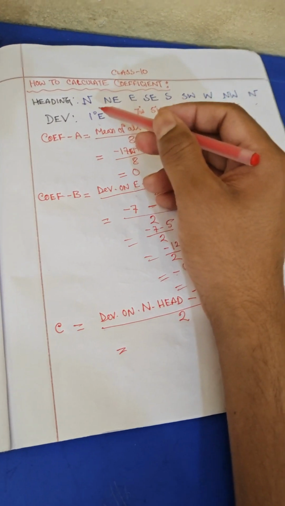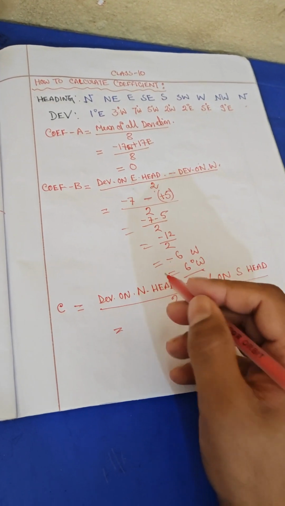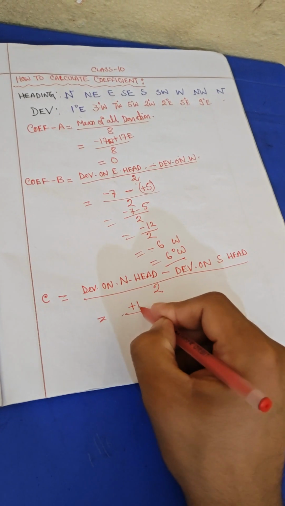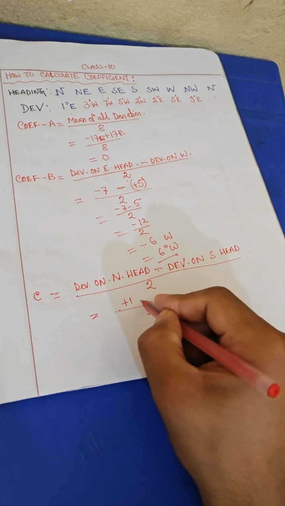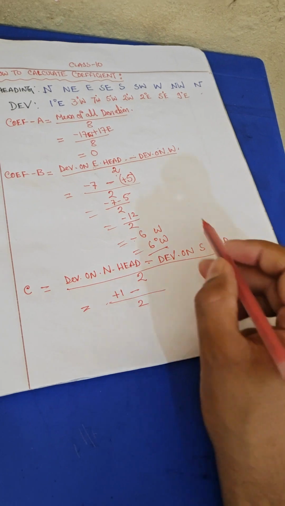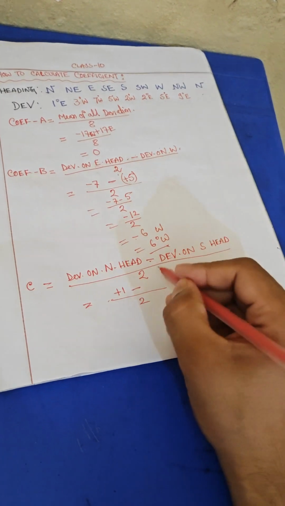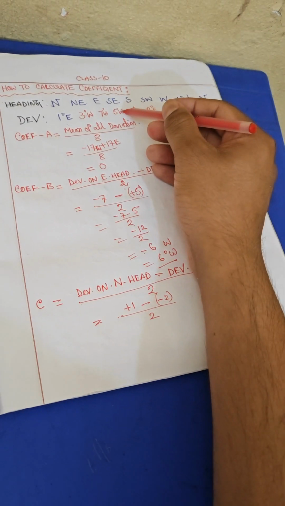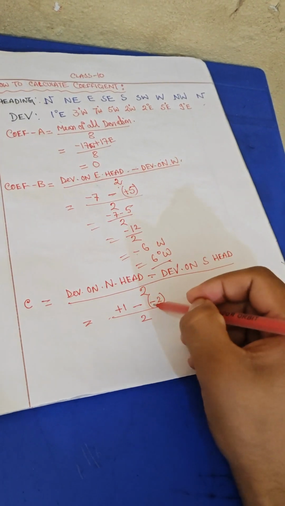So from here you can check that northerly heading deviation is 1 degree east, so 1 degree east means plus 1, correct. This is the minus for this, and for southerly heading deviation is 2 degree west, so 2 degree west means minus 2, since this deviation is westerly, so this is minus, correct.